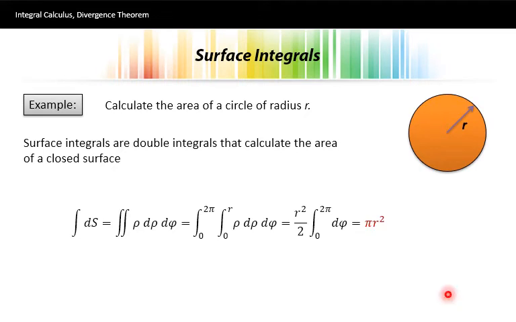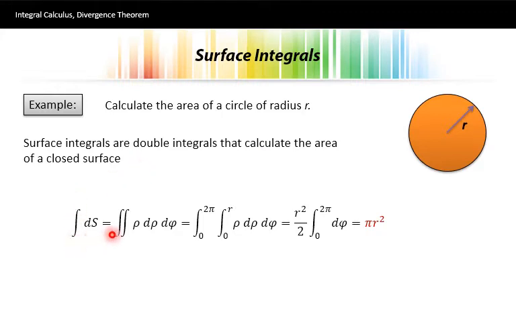Let's work out a simple example and try to calculate the area of a circle of radius r. Surface integrals are actually double integrals that calculate the area of a surface.